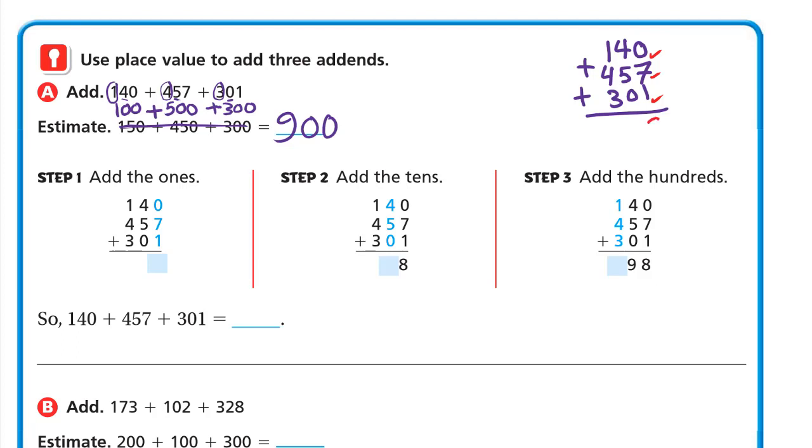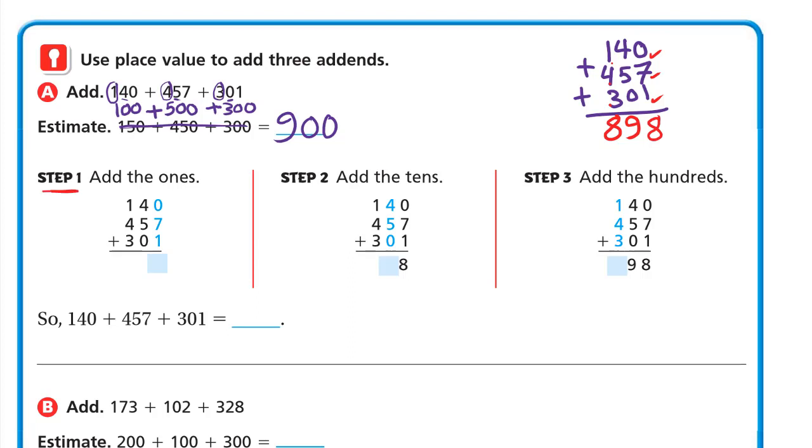Plus 1, it's 8. Now we'll go to the tens. 4 plus 5 is 9. Plus 0 is 9. And the hundreds, 1 plus 4 plus 3. So 1 plus 4 is 5. 5 plus 3 is 8. So 898. It's really close to the 900.